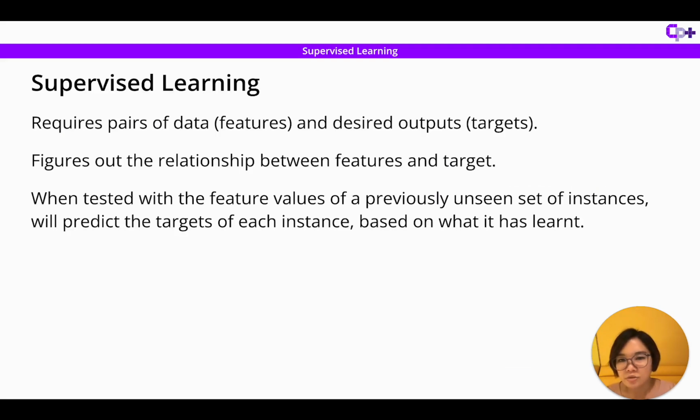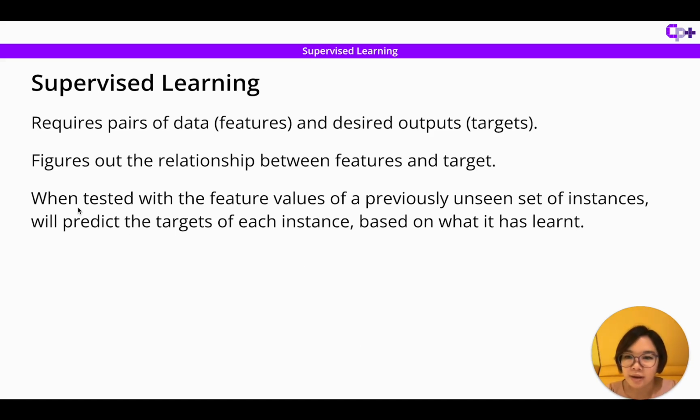As we have talked about for however long, supervised learning requires you to have features and targets paired together. There's no point having a set of targets if the computer doesn't know which answer goes to which question. So the computer will learn how to figure out the relationship, how, given a certain set of features, what target should be output or predicted.